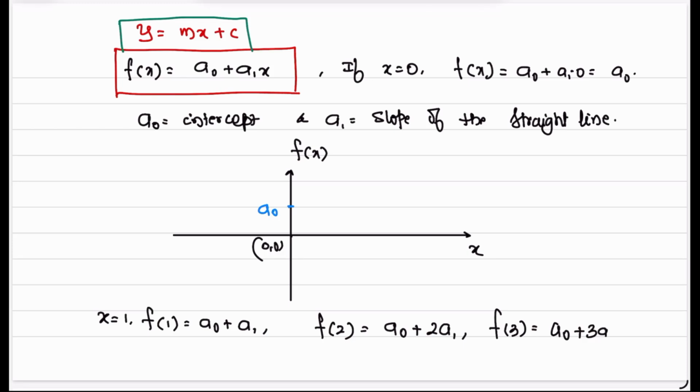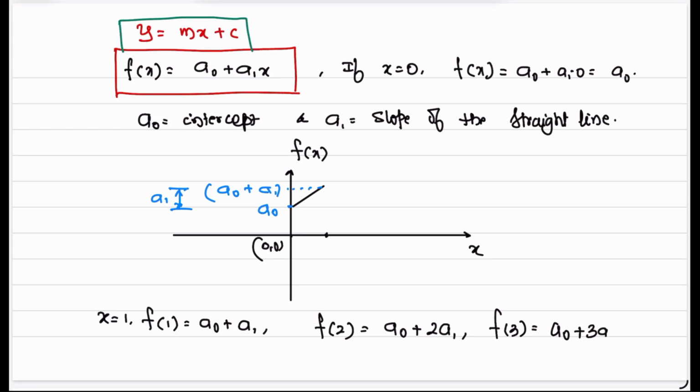Now, this is a0 when x is equal to 0, and here some a1 we can say. This is a1. A0 plus a1. The difference we will call a1.